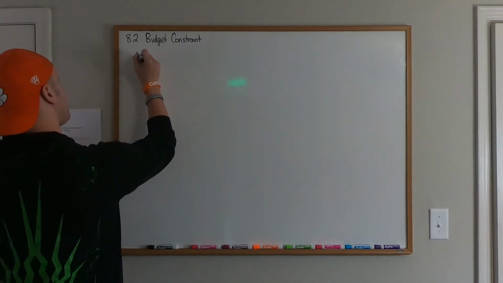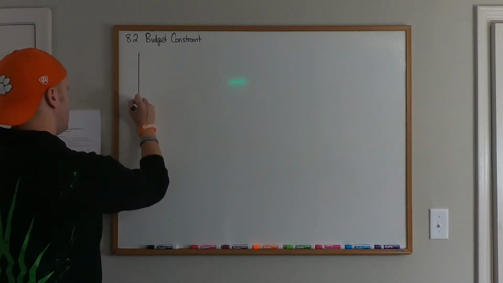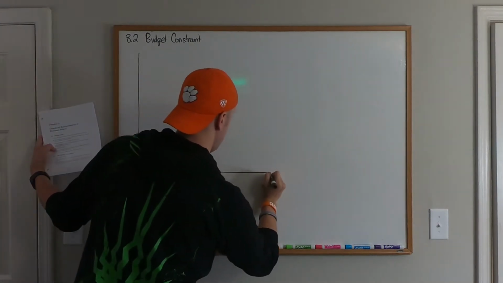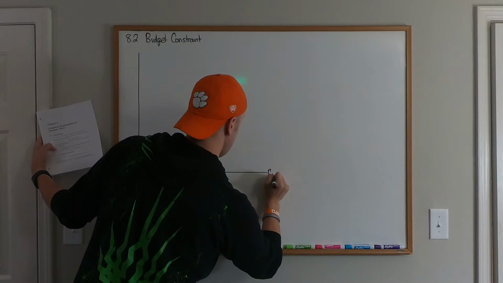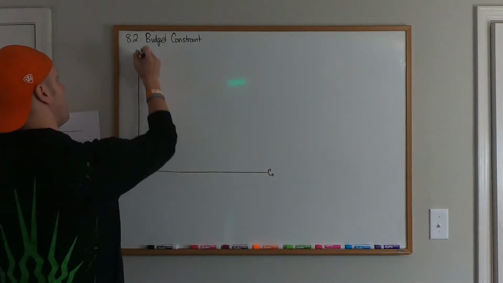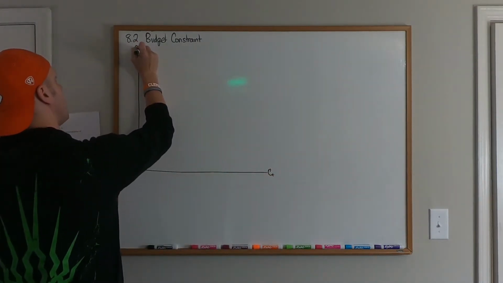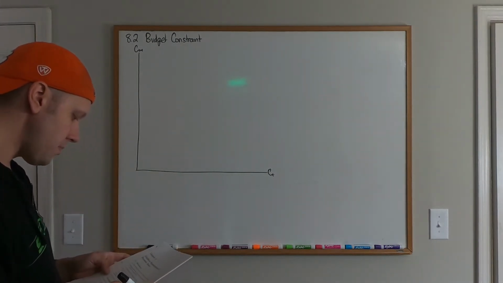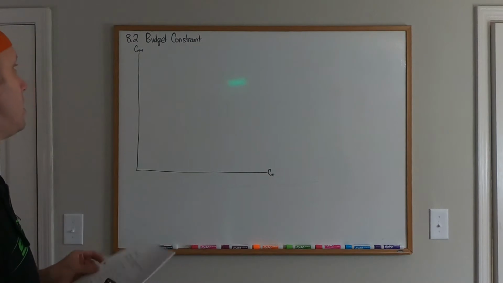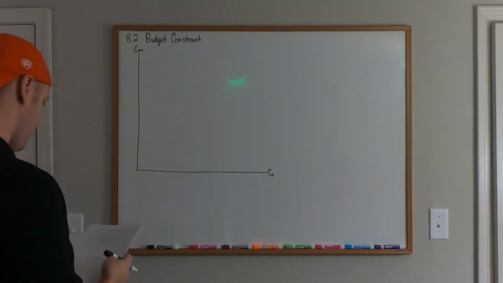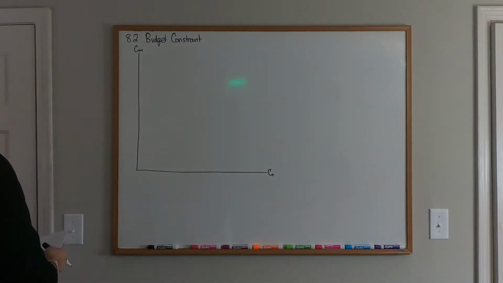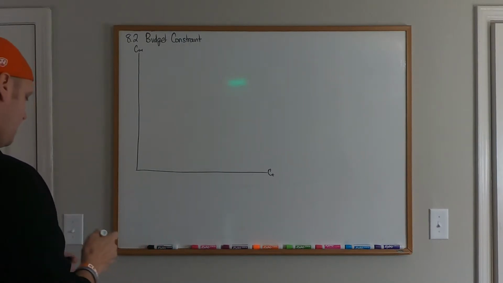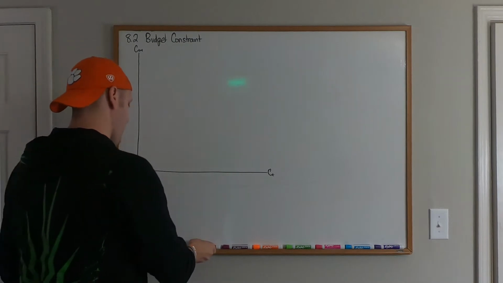So we're going to make a graph with current consumption on the horizontal axis and future consumption on the vertical axis. And we're going to have a budget line which is going to be describing the intertemporal budget constraint that the economic agent faces.